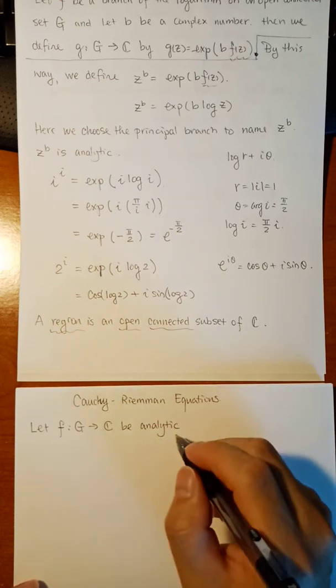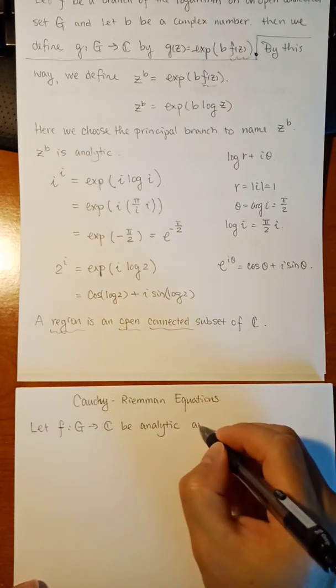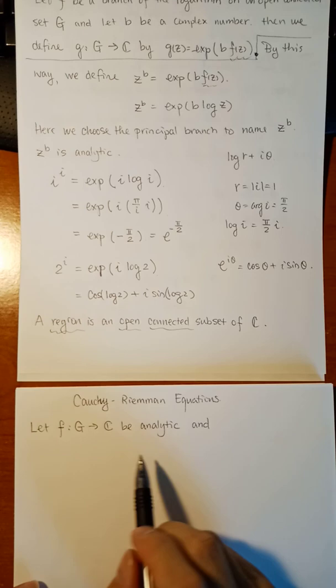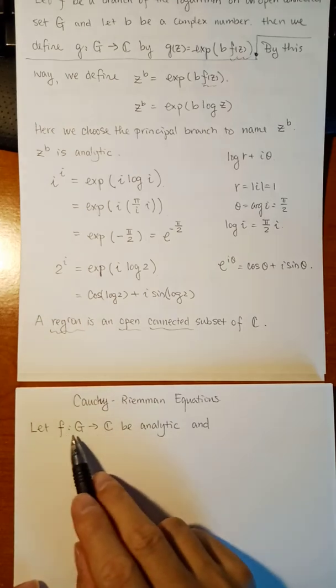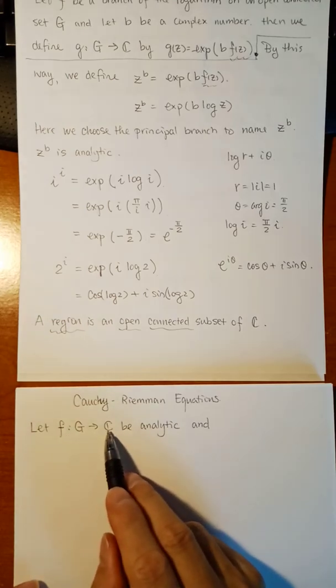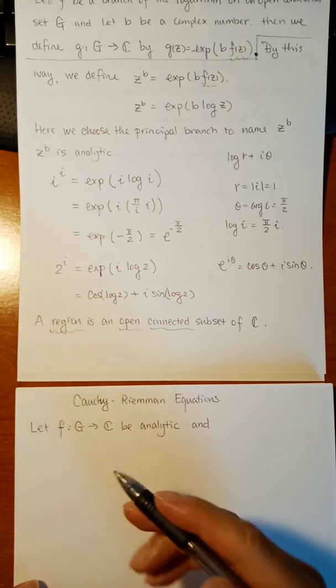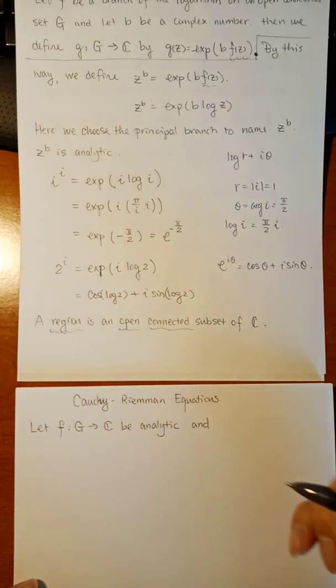Okay, we have an analytic function, and f takes complex values. So f has real and imaginary parts.